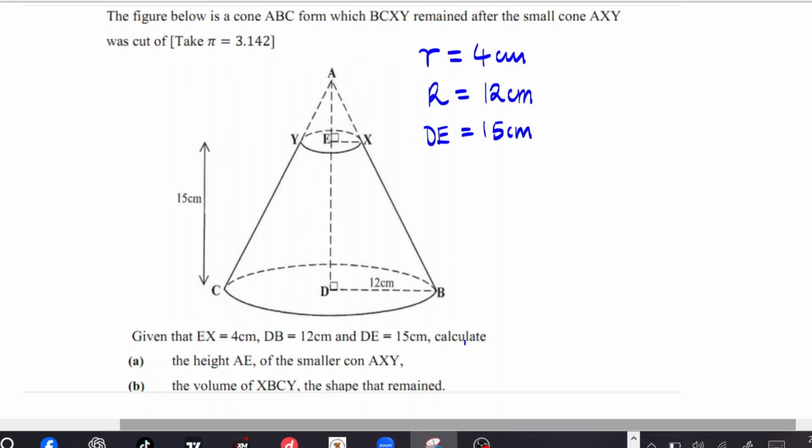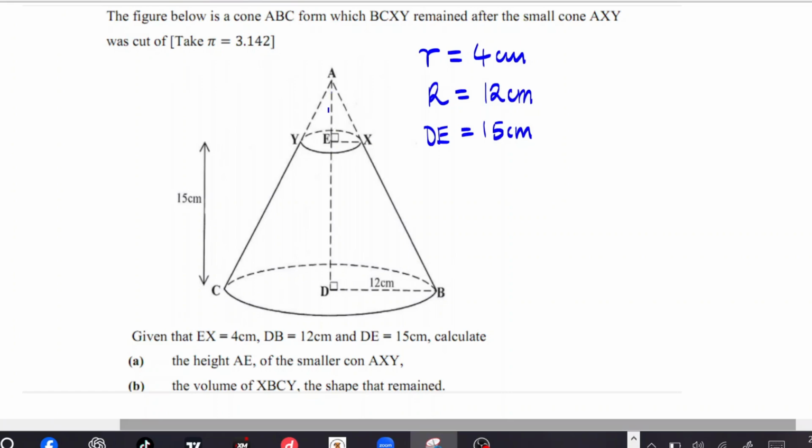Then they are saying calculate the height AE of the smaller cone AXY. So they want the height AE of this smaller cone AXY. What is the height?